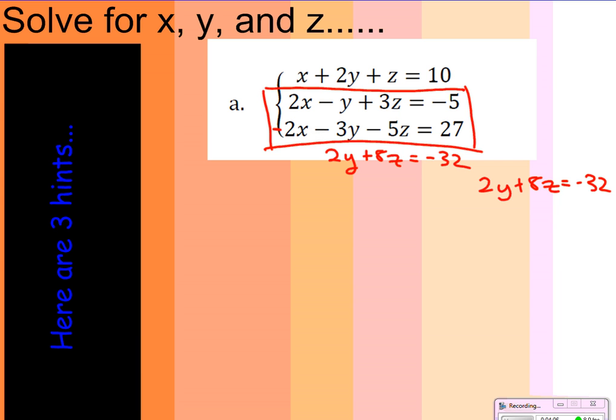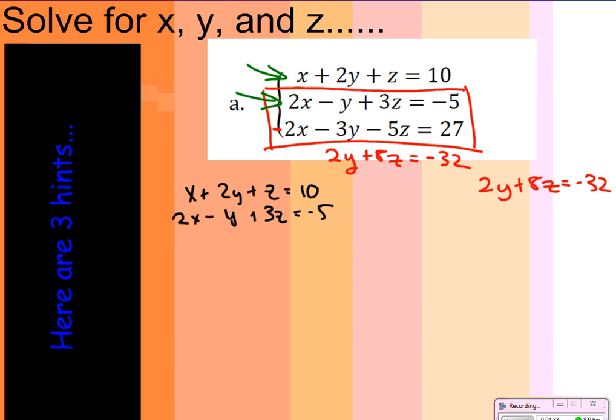Now the second thing I'm going to do is use this top one, and either one of these other 2, it doesn't matter, but I'll just take the second one. I'm going to do a little more elimination with that, to eliminate x from there. So I've got x plus 2y plus z equals 10, and 2x minus y plus 3z equals negative 5.